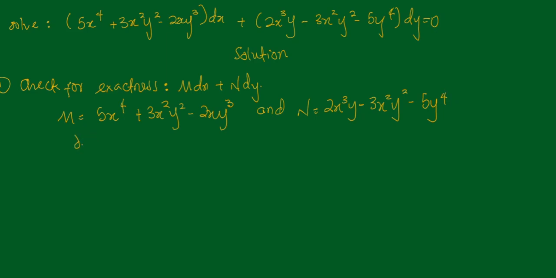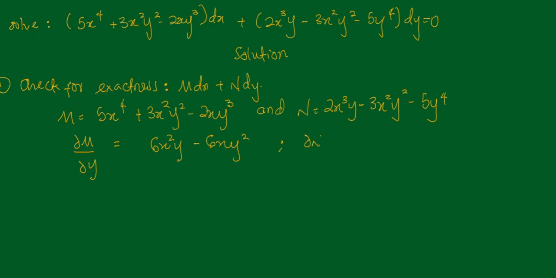The next step is to find the partial derivative of M with respect to y. Since we are keeping x constant, differentiating 5x raised to the power of 4 with respect to y gives 0, differentiating 3x squared y squared gives 6x squared y, and differentiating minus 2xy cubed gives minus 6xy squared.